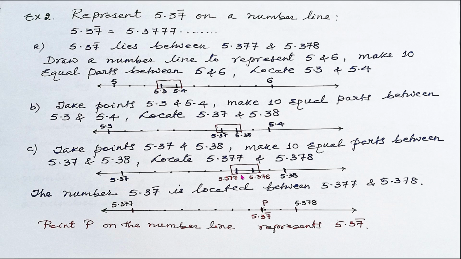Now the number 5.37 bar is located between 5.377 and 5.378, and therefore take 5.377 and 5.378 on a new number line and divide into 10 equal parts and locate 5.37 bar. So that is how the point P on the real numbers number line represents 5.37 bar. That is the method of representing a non-terminating recurring decimal expansion, which is also a rational number and a real number. Remember that.